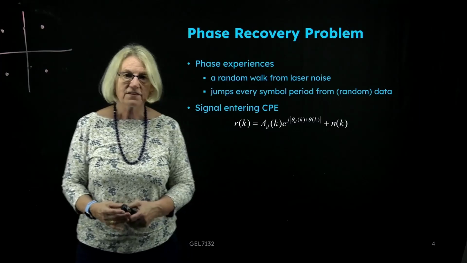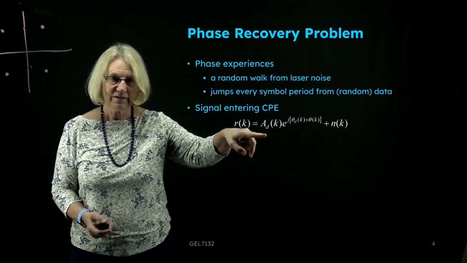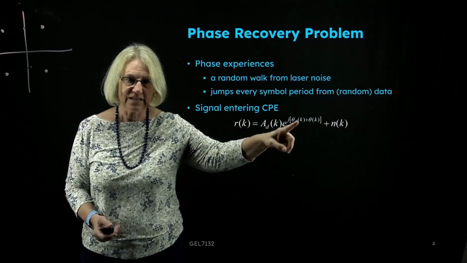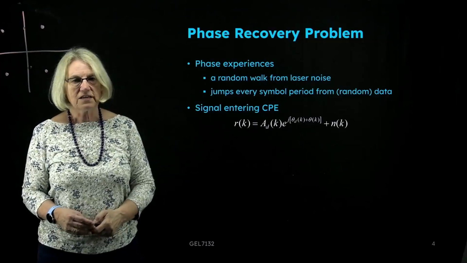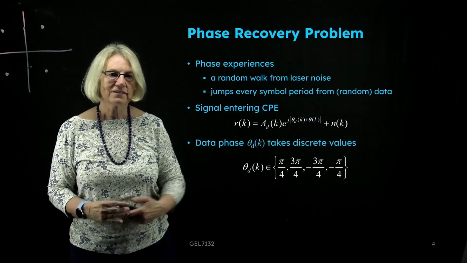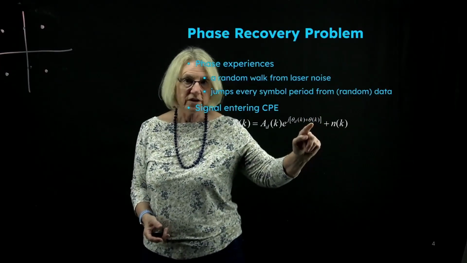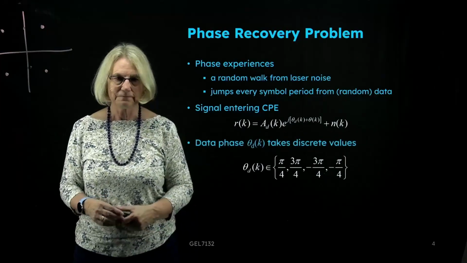So if we looked at the signal that's entering the CPE, it has this format. And of course in this there's the amplitude of the data signal. The D here stands for data. The theta D is the phase of the data signal. And, excuse me, the theta here is the phase noise. And here N of k is the additive white Gaussian noise.